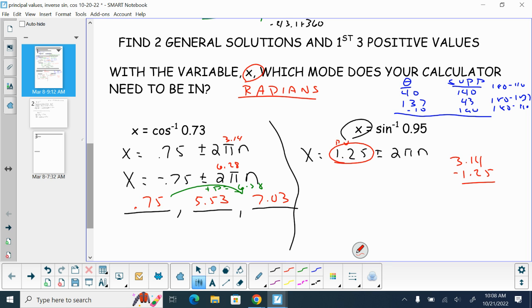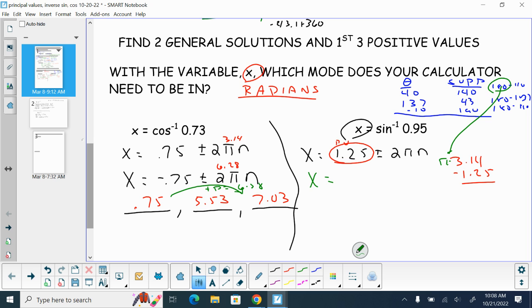Because in the radian world, this 3.14 is the value of pi, which corresponds to what we did here. We subtracted from 180 in each one of these situations. Well, what's 180 in the radian world? 180 is the value of pi, 3.14. Once again, the reason why I'm telling you to go to 2 decimal places. So I have 3.14 minus 1.25.